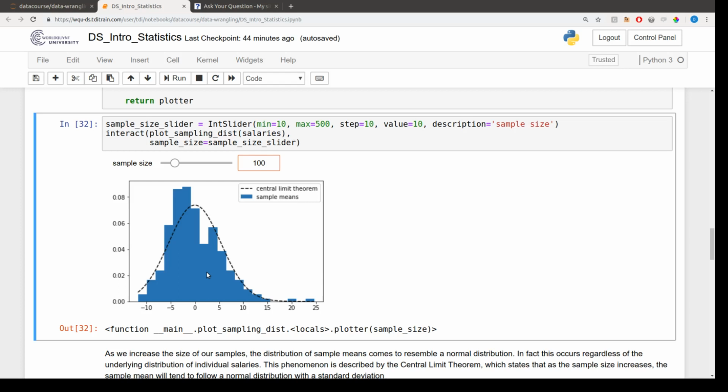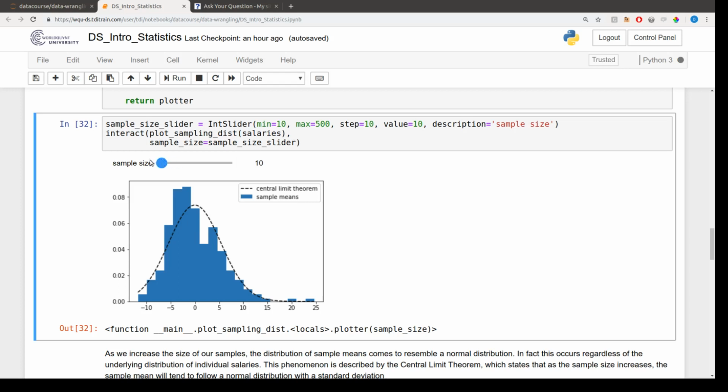So not only does the central limit theorem tell us that we get a better estimate of the mean as we increase our sample size, but also the central limit theorem tells us what the average error between our sample mean and the true mean should be, and that estimate of the standard error that we would get from the central limit theorem gets better and better itself as the sample size increases.